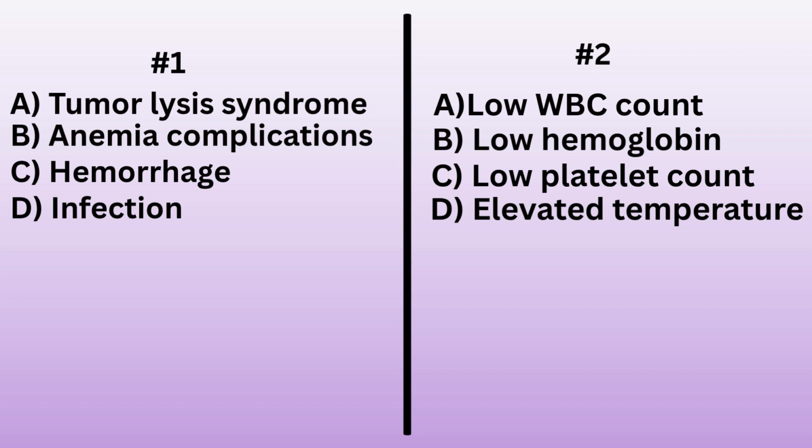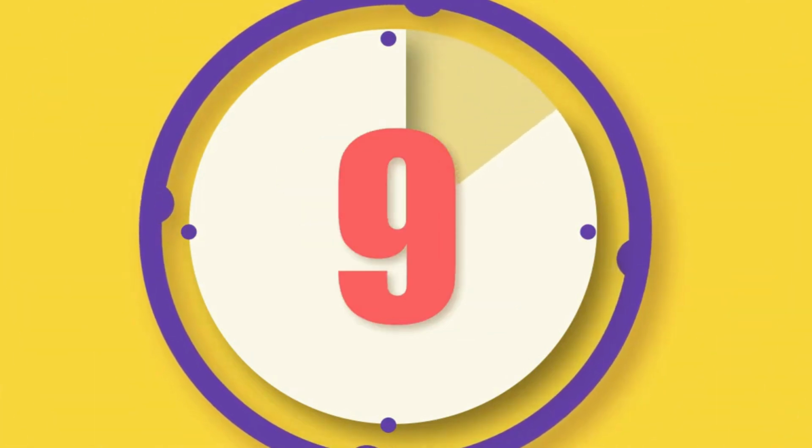B, anemia complication. C, hemorrhage. D, infection. Number 2, A, low white blood cell count. B, low hemoglobin. C, low platelet count. D, elevated temperature. All right, so you have 10 seconds to come up with an answer for 1 and 2.